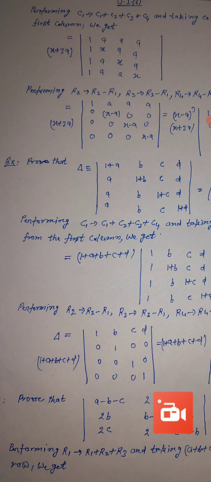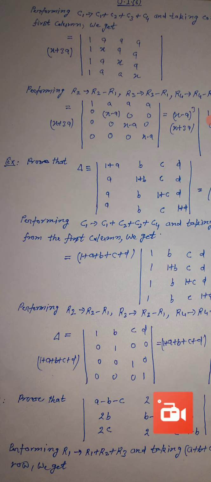Taking 1 plus A plus B plus C plus D common from the first column, we get 1 plus A plus B plus C plus D multiplied by the determinant: first row 1 B C D, second row 1 plus B C D, third row 1 B 1 plus C D, fourth row 1 B C and 1 plus D.